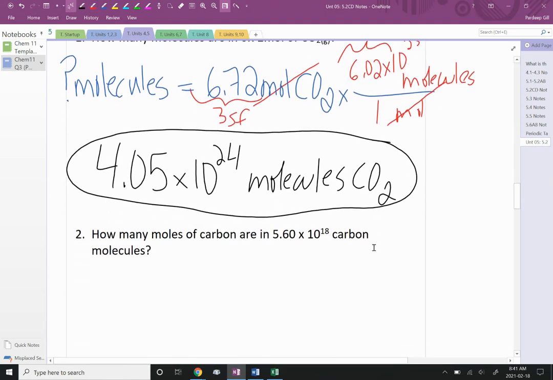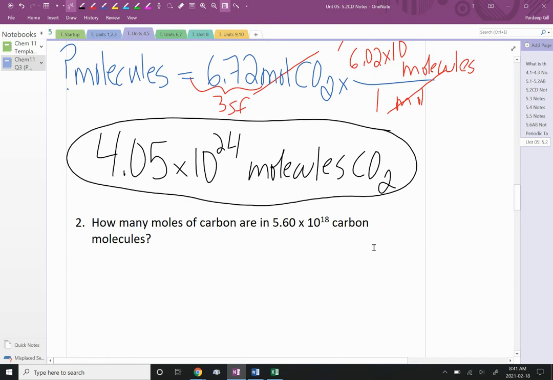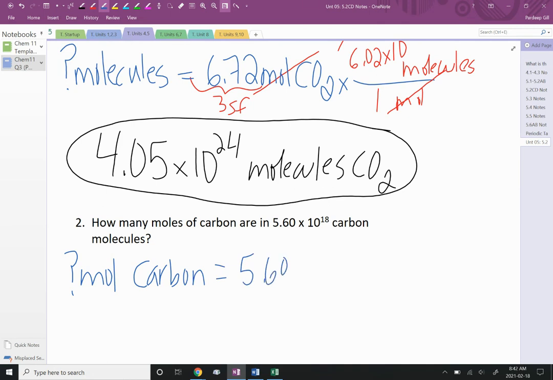All right, let's look at this one here. How many moles of carbon are in 5.60 times 10 to the 18 carbon molecules? So we want to figure out the moles of carbon. We're starting off with 5.60 times 10 to the 18 carbon molecules.